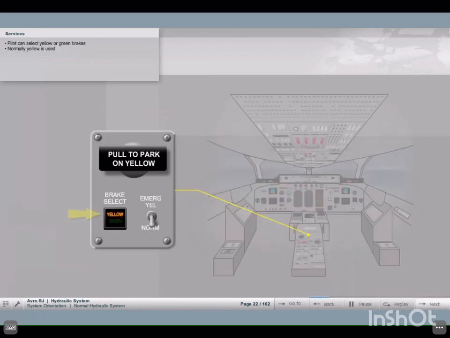The pilot can select yellow or green pressure to power the brakes. Normally, yellow is used.